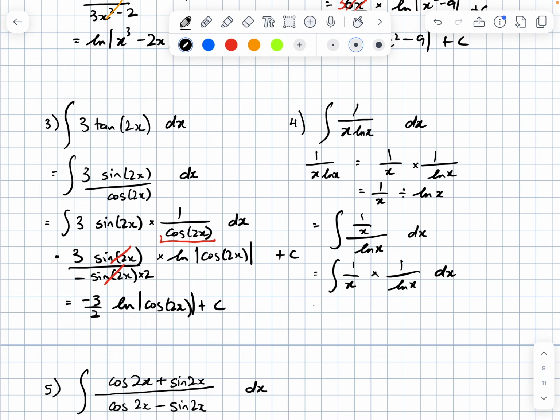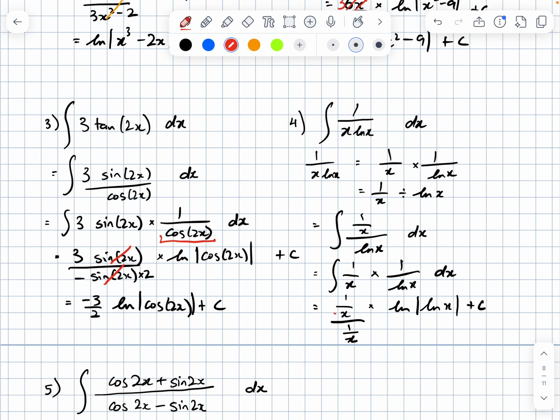Then we can integrate. We get the 1 over x from before, times by ln of ln x. So we're timesing, so it's ln of the bottom, and then divided by the derivative, divided by 1 over x plus c.